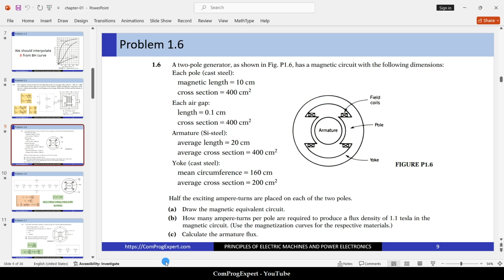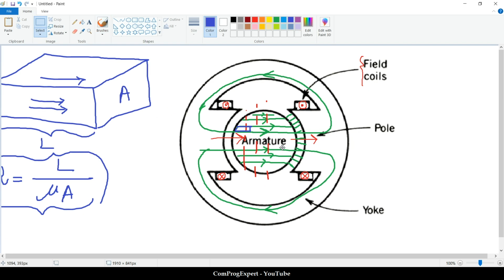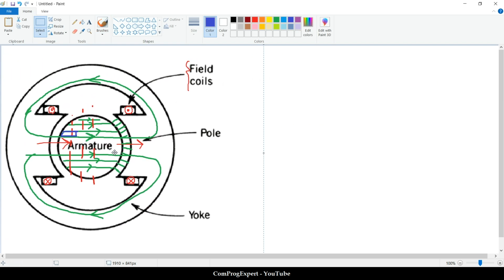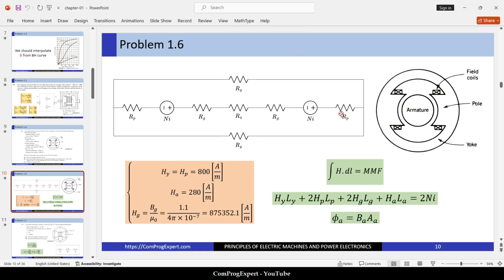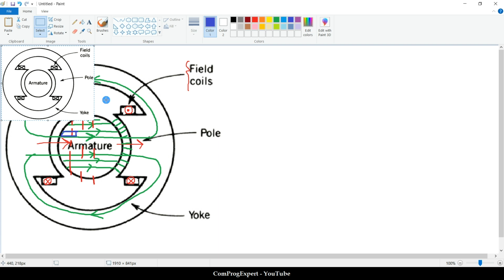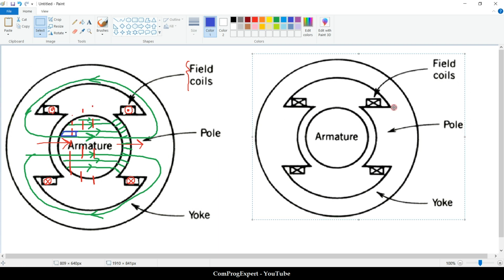This is the structure. So let me visualize it better. Again, copy this. This is the pole, and this is the yoke.